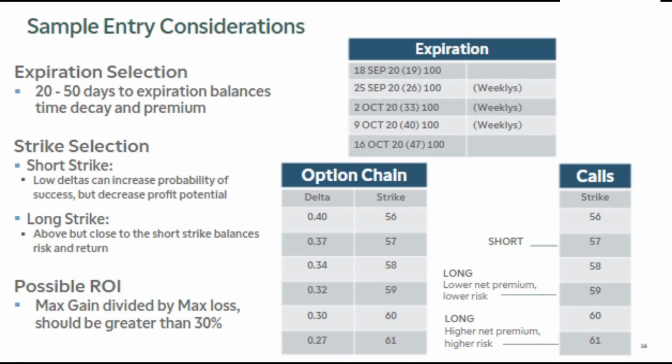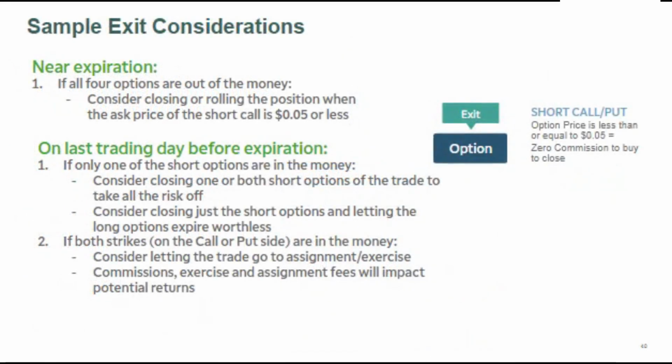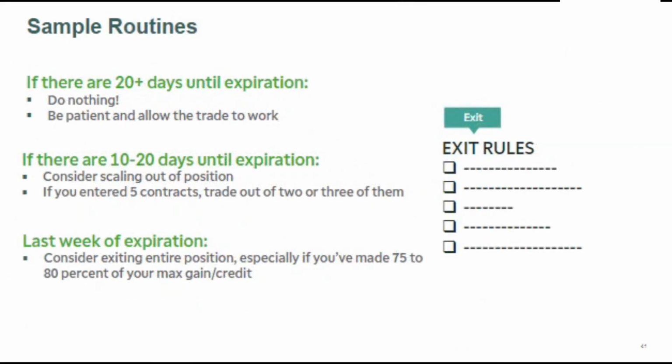Exit considerations are also the same as our short verticals. Sample exit routines: if there are 20 plus days until expiration, do nothing. Be patient, because typically at that point, you're not going to have the type of theta decay that you're looking for. So be patient. Even if the stock has gone through your strikes, don't do anything yet.